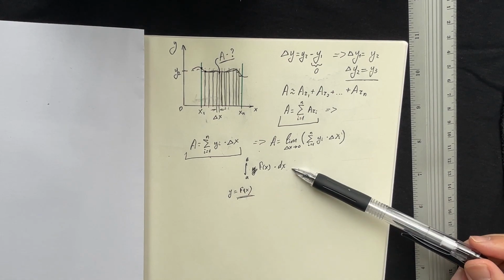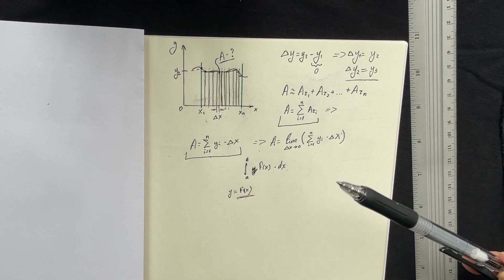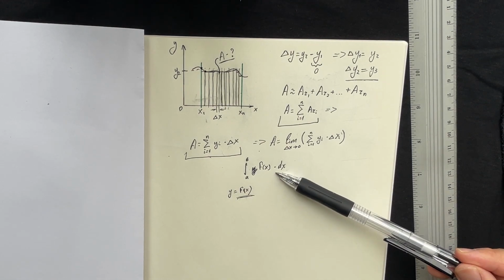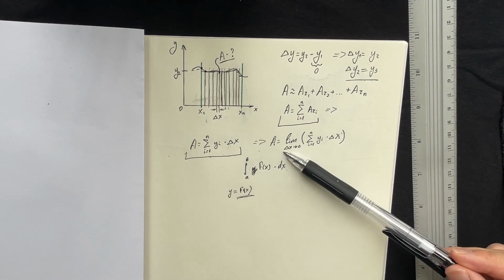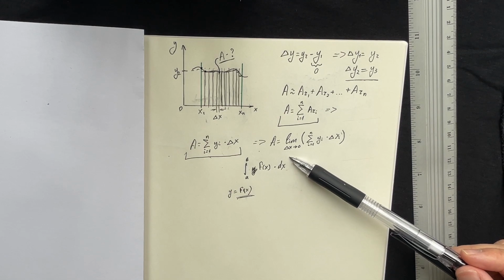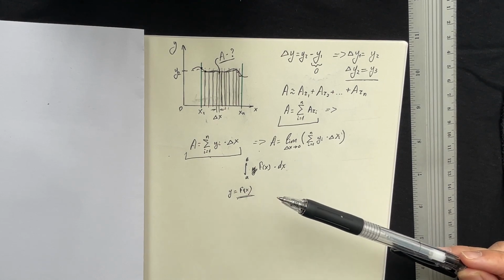So yes, this was the integral and how we can maybe find it. This is not perfect. I am not sure yet how to solve these integrals. Of course, we know how right now, but I want to approach this concept as it was approached by Newton or Leibniz or whoever discovered the integral.